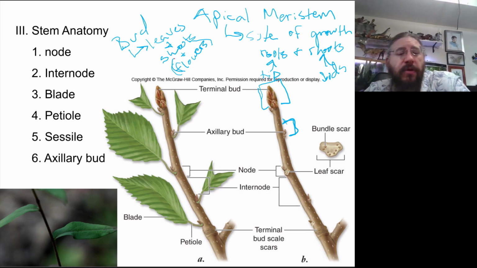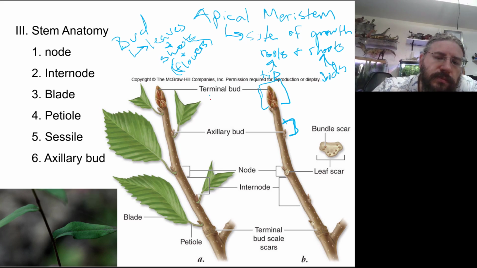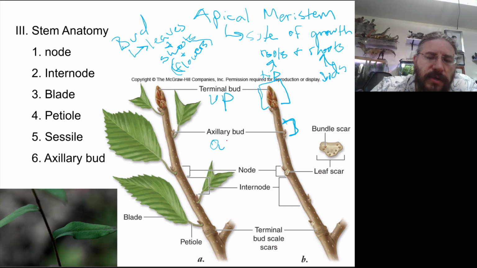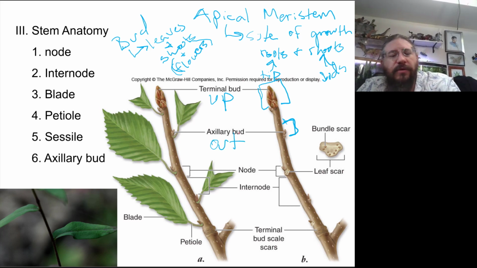You know, not all apical meristems make flowers. So there we go. Not too bad. Terminal buds are our up. Axillary buds are our out. Up and out to the sides.